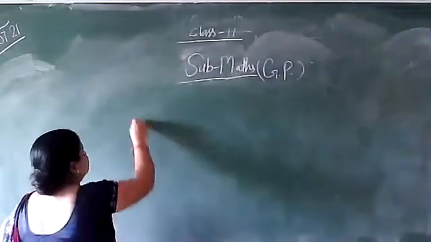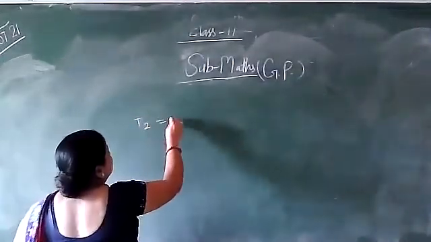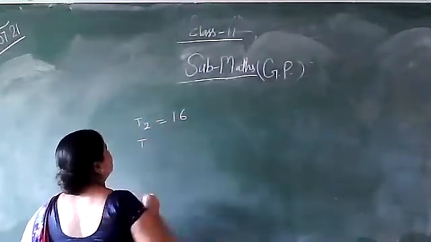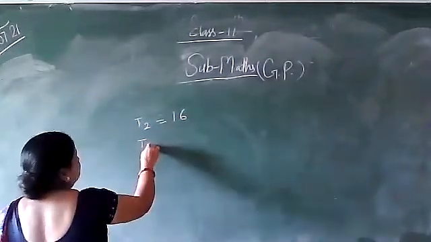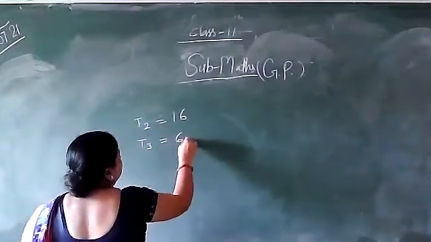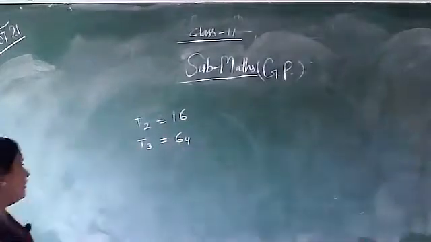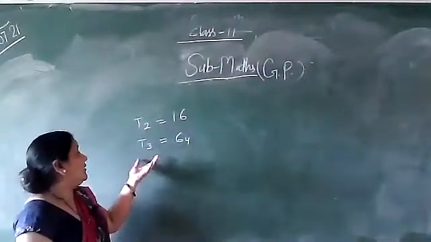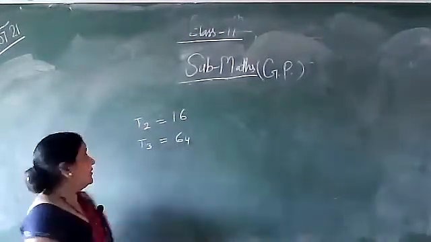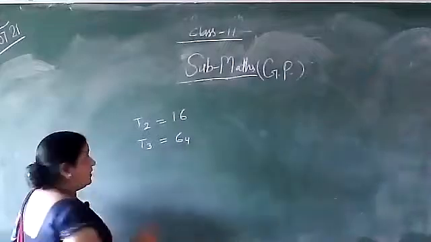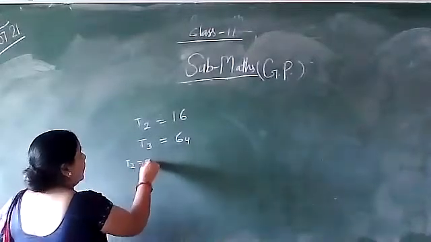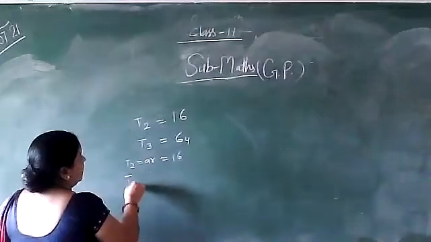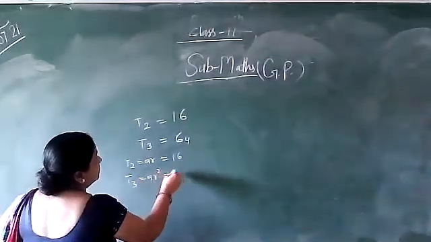Now, I give you T2 equal to 16, T3 equal to 64, and we find the series. So now we get T2 equal to AR equal to 16, T3 equal to AR square equal to 64.